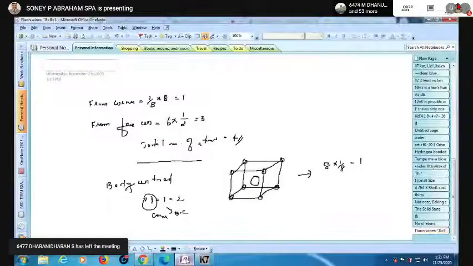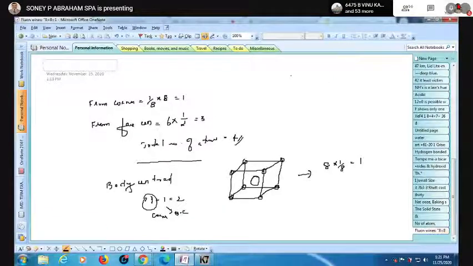Here you are given a row. Let me say this is 1 row, and each atom is touching the other. If I place a second row, I can place it exactly below the first row, so that each and every atom is in perfect alignment.